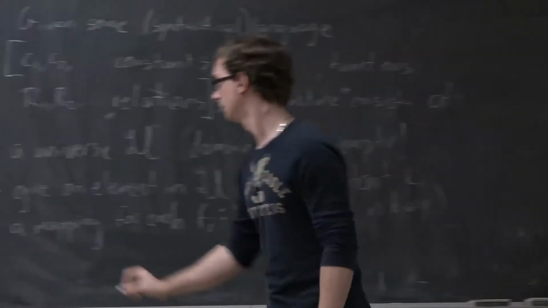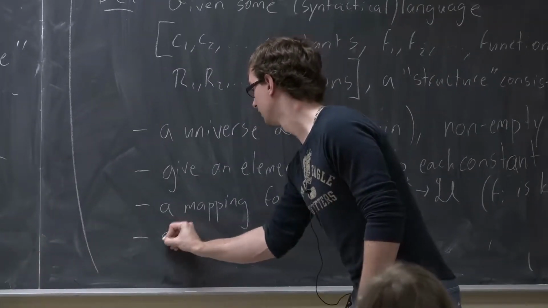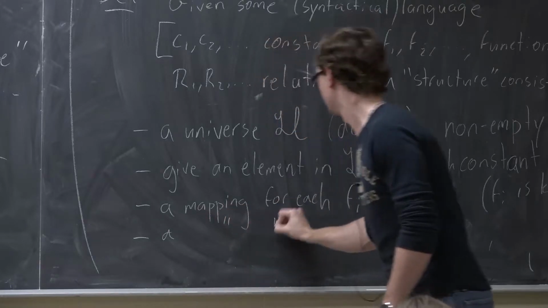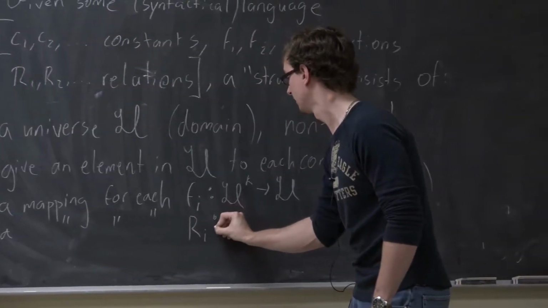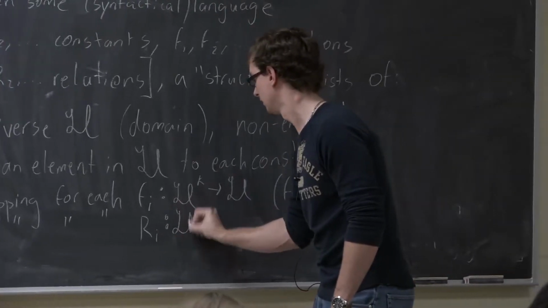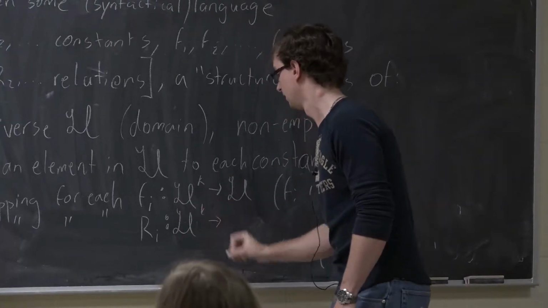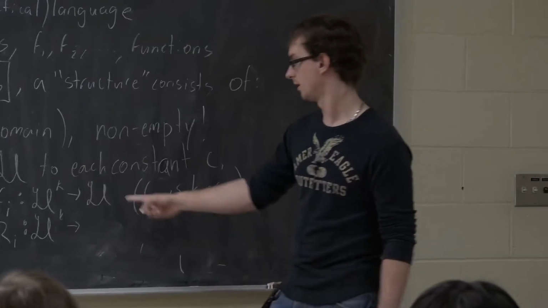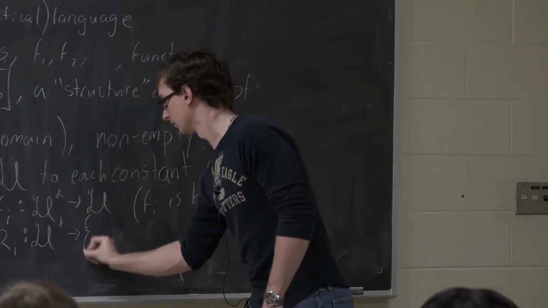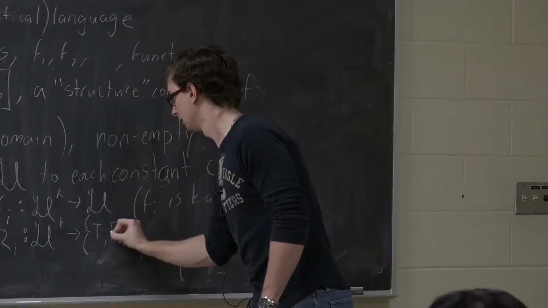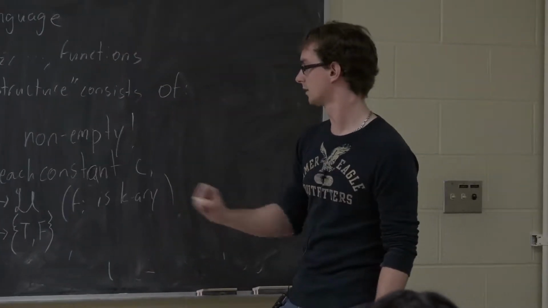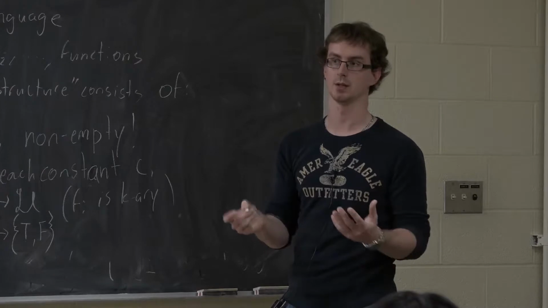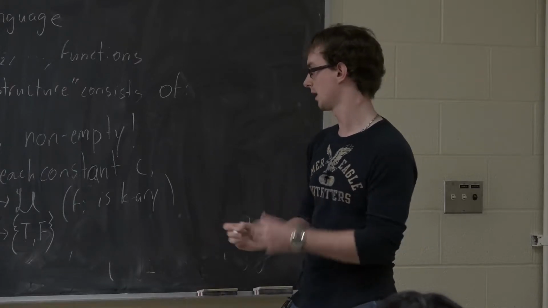And similarly, each relation is going to have a mapping. And rather than mapping to some other element in our universe, the relation is going to map to either true or false, depending on if the inputs satisfy that relation or don't satisfy that relation.